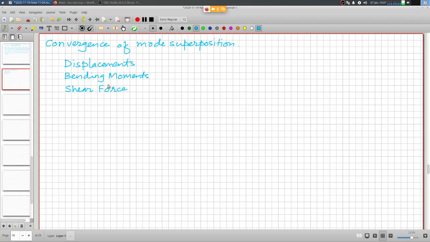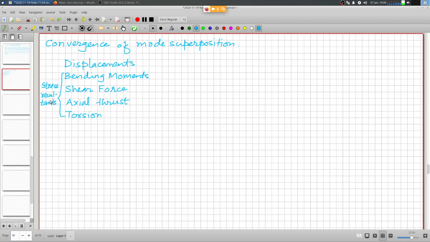So essentially we can also have axial thrust or torsion, whatever, if required. So all of these are essentially what we refer to as stress resultants.